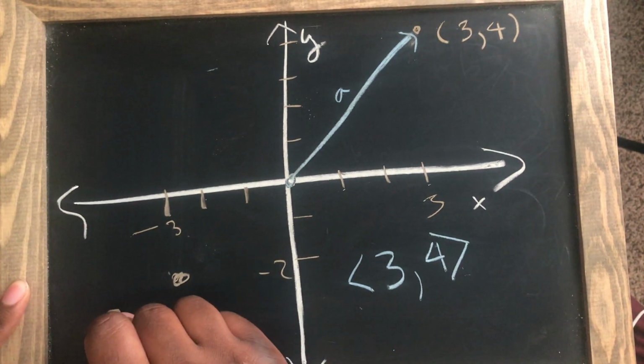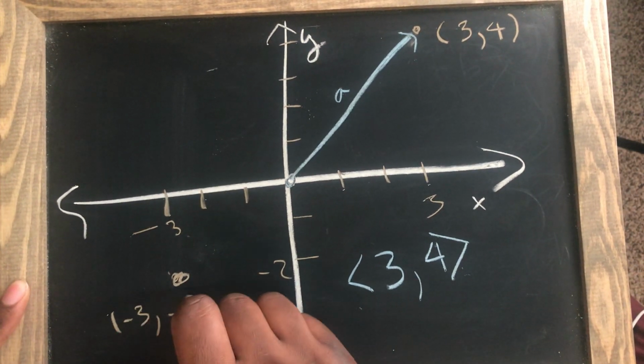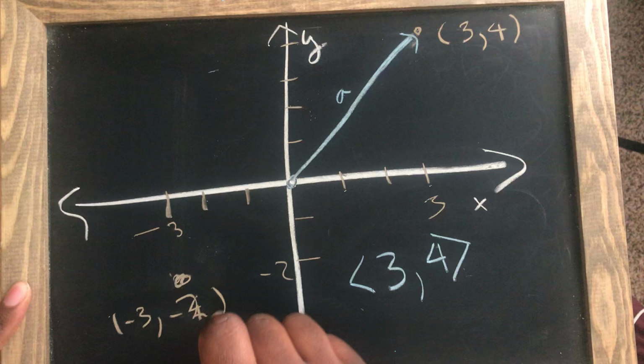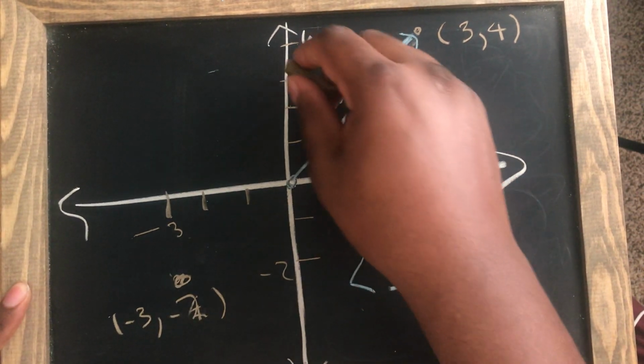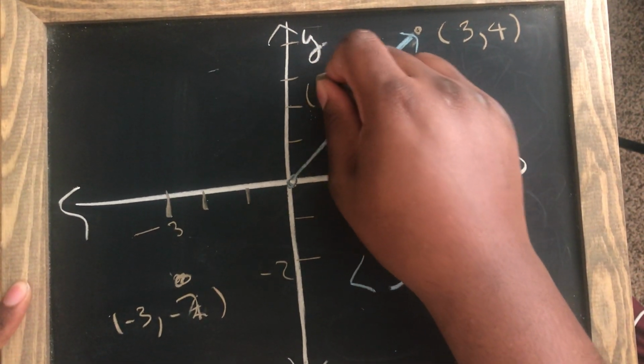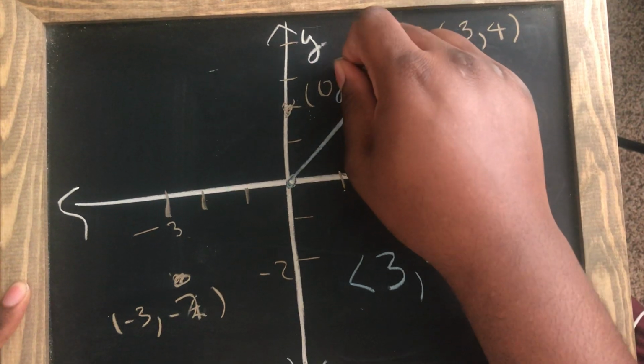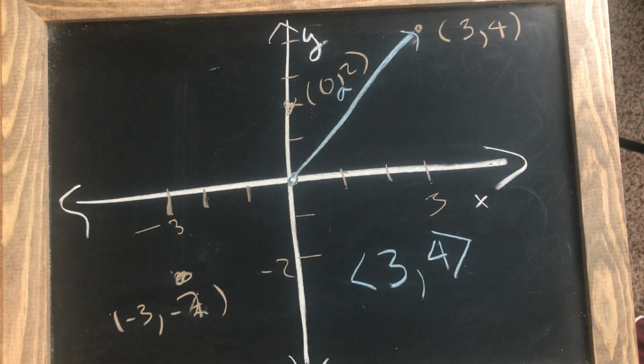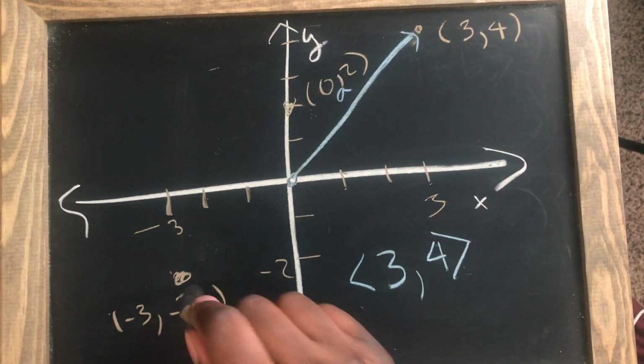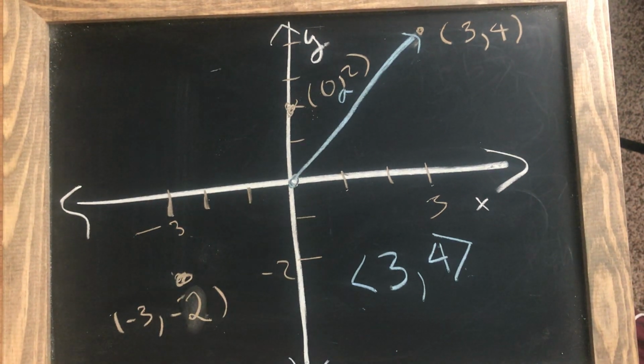So we're at the point (-3, -2). Let's say my initial point is (-3, -2), and let's say my terminal point is (0, 2).